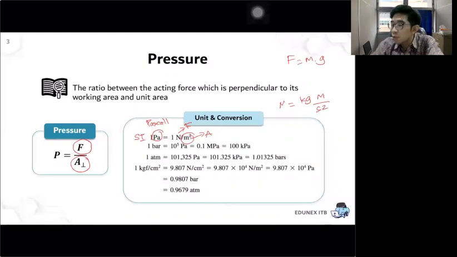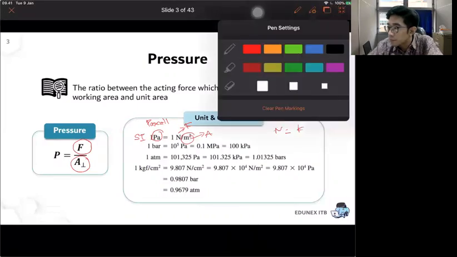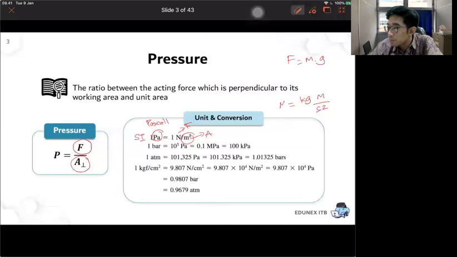So Newton equals kilograms times meters divided by square second. So Pascal will be kilogram per meter per square second. So the units should be similar. These are all the standard units.